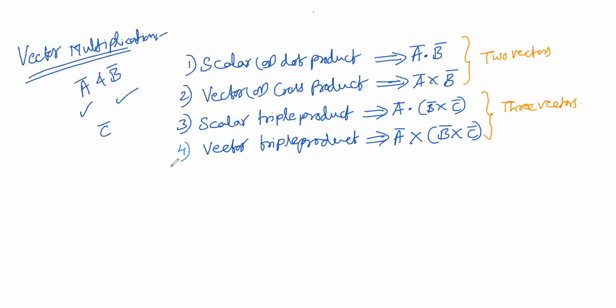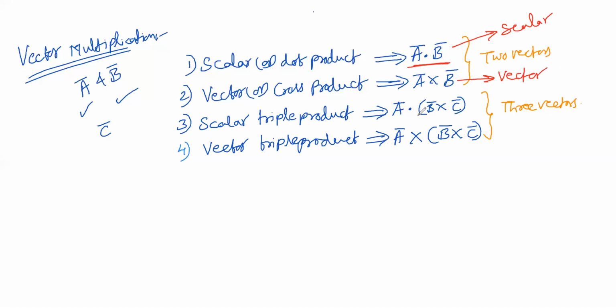As we have seen, while doing multiplication using vectors, the result can be of a different type, either a scalar or a vector. After multiplication of A bar and B bar by making a dot between these two, the result is a scalar. Taking the cross product between the two vectors, the result of the product will be a vector.